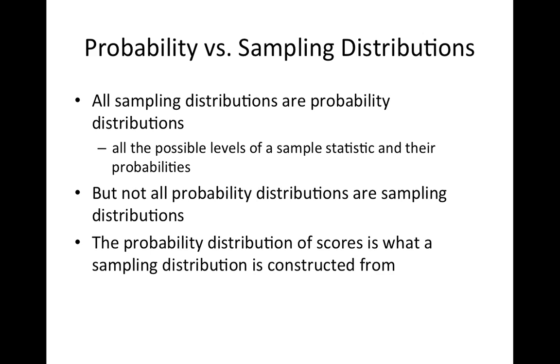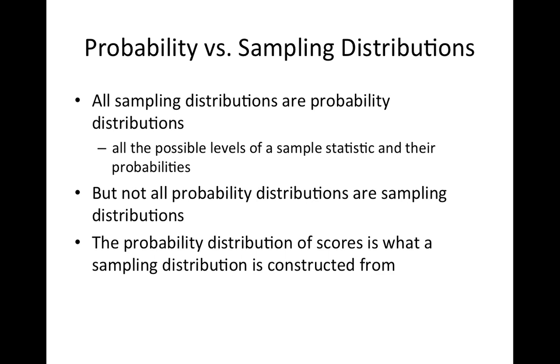Okay, all sampling distributions are probability distributions, but not all probability distributions are sampling distributions. The probability distribution of scores is what a sampling distribution is constructed from. So they're related, but they're not the same. Okay, and you've got to keep these separate. A probability distribution is just a distribution of the possibilities of a score.